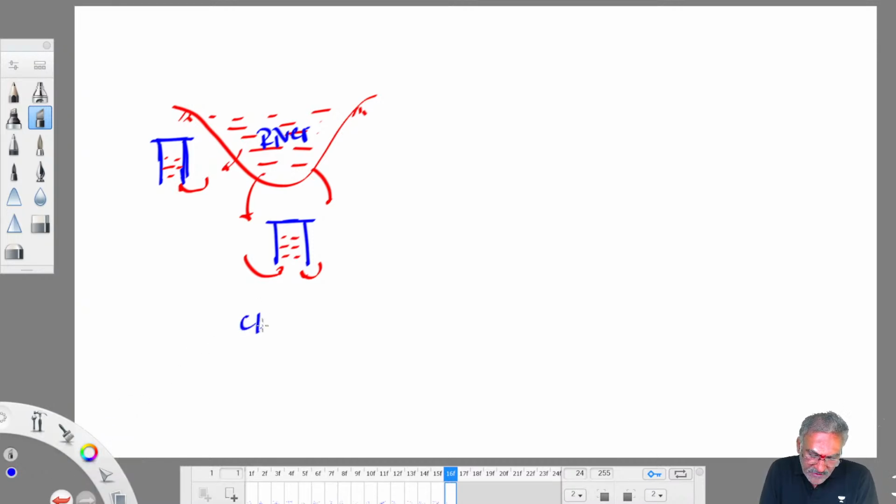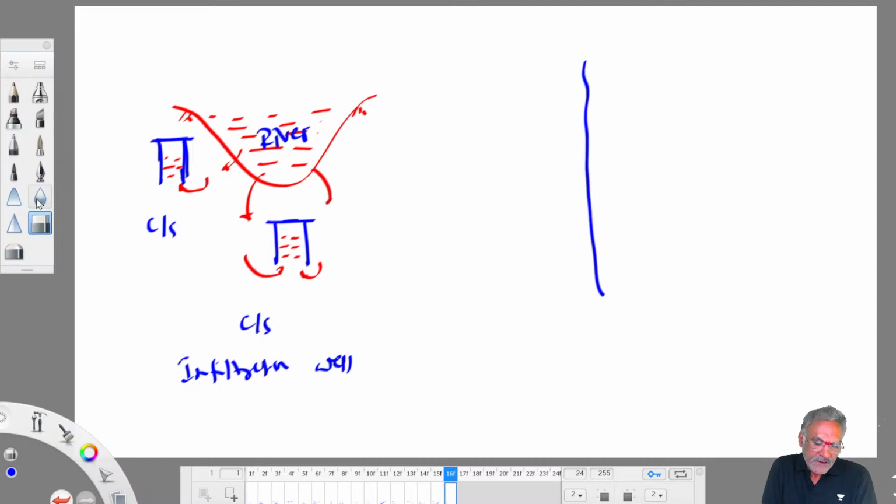This is a cross section of an infiltration well. Because wells are small holes made in the ground, to collect large quantities of water, a series of such wells you have to construct along the length of a river. So this is a plan of a river.